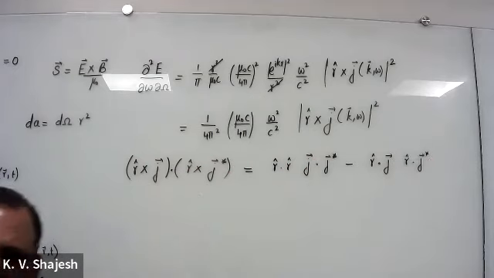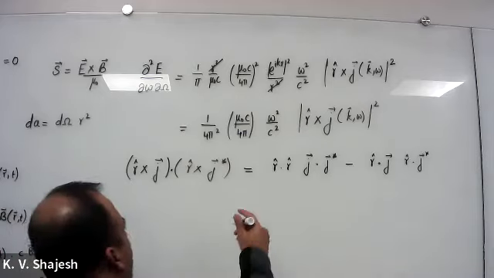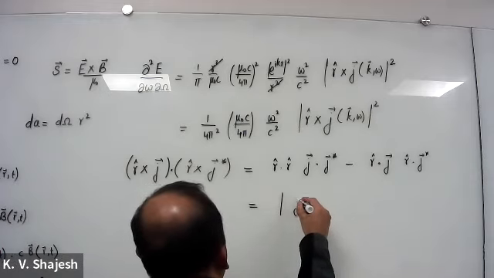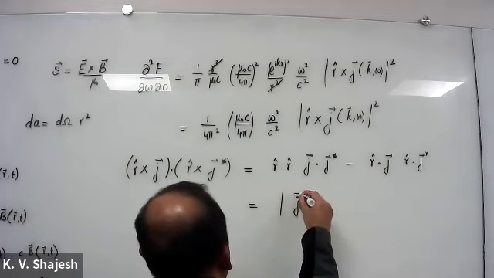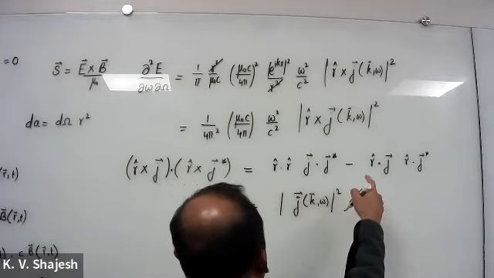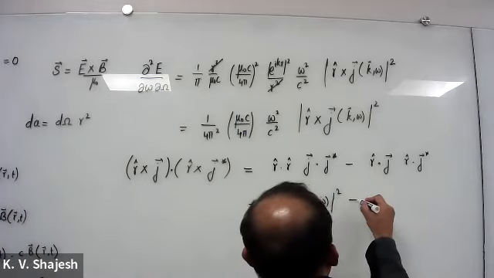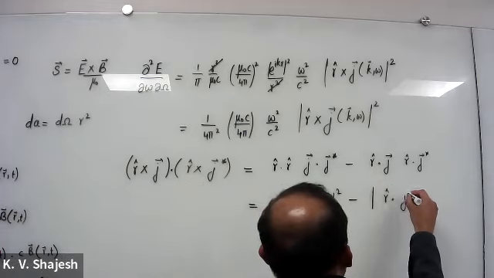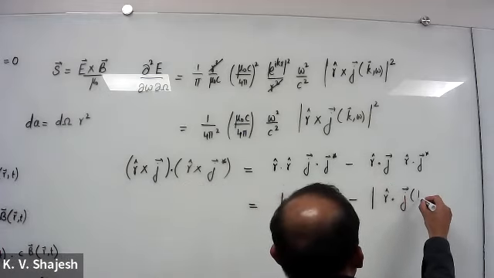That's a vector relation. r hat dotted with r hat is 1, so this is the magnitude of J(k, omega) squared, minus the magnitude of r hat dotted with J(k, omega) squared.